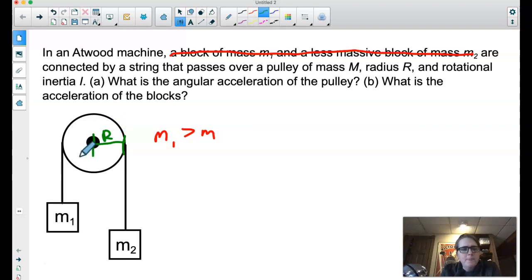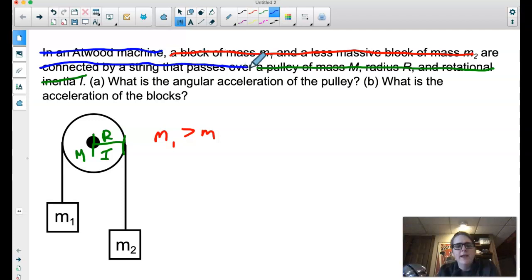That's R, and we also know this has a mass M and a rotational inertia I. I'm going to cross that out as well because I no longer have to pay attention to it in the text. In fact, that entire setup in the first sentence I now have accounted for in my diagram, so I don't need to pay attention to any of that anymore.